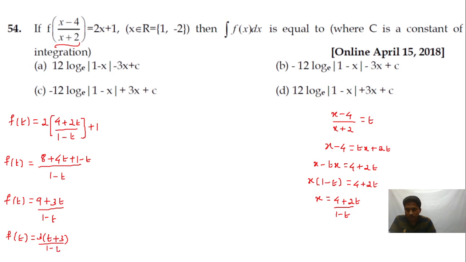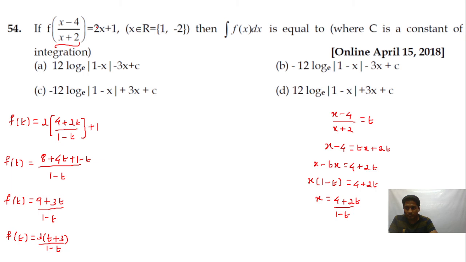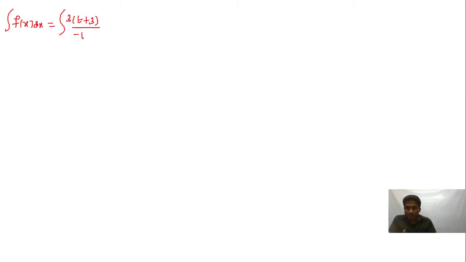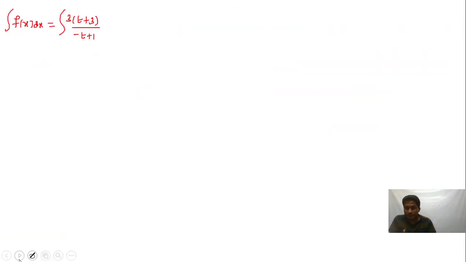Okay, now this f of t will be equal to 3 into (t plus 3) divided by (1 minus t), which can be written as minus (t plus 1)... Okay, and I want f of x, right?